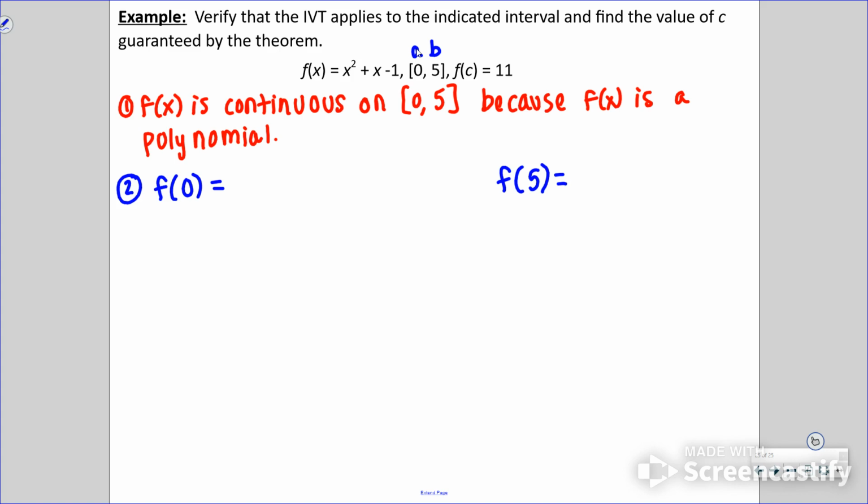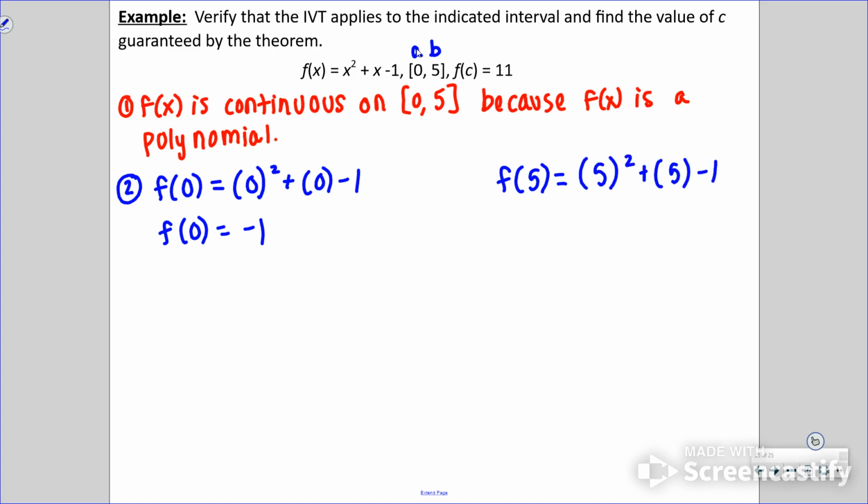All right, I'm just going to start with 0. There's my equation. f of 0 is -1. f of 5 is 29.